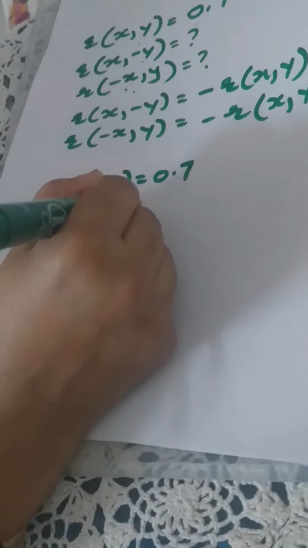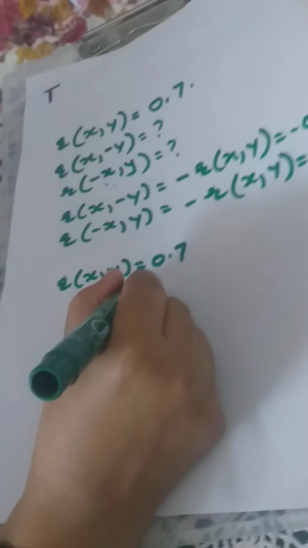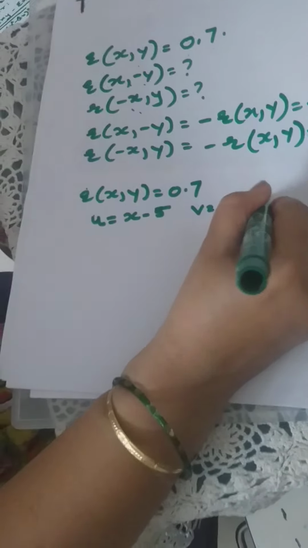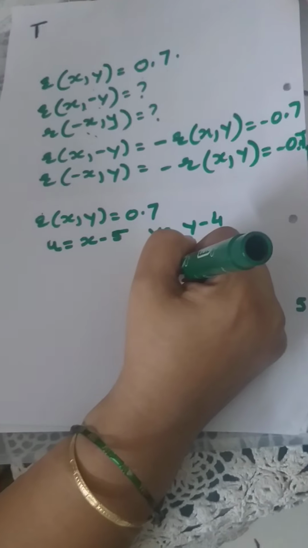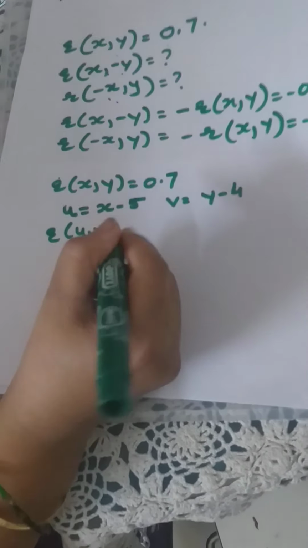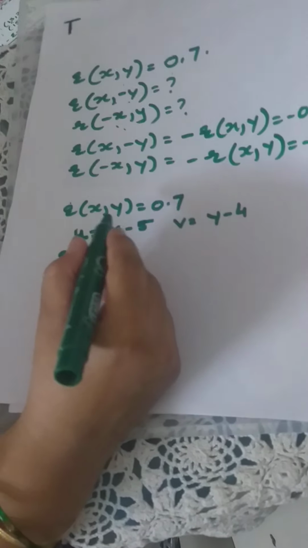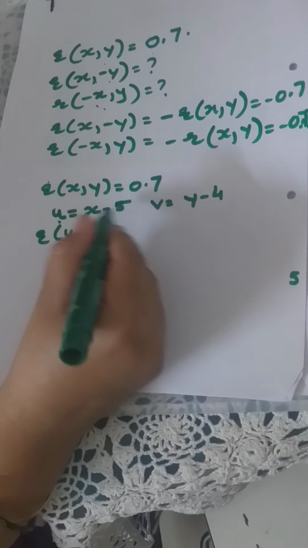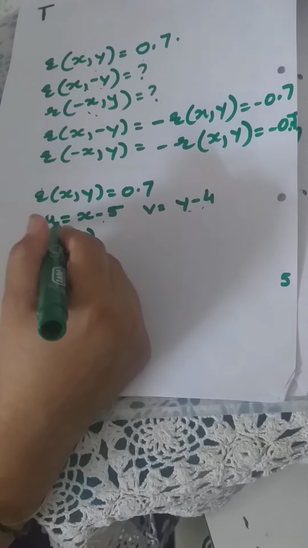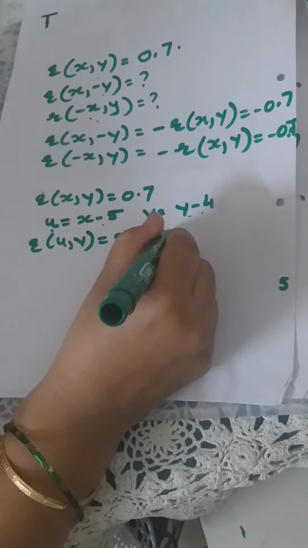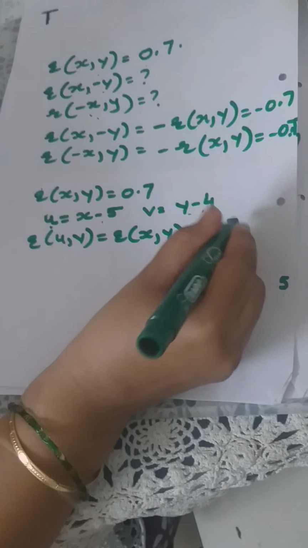U is equal to x minus 5 and v is equal to y minus 4, and they ask you what is the value of r u comma v. What is your answer? Does the value of r change if I change my origin? This is nothing else but changing the origin. It remains the same, right? So it is nothing else, r x comma y, it is 0.7 only.